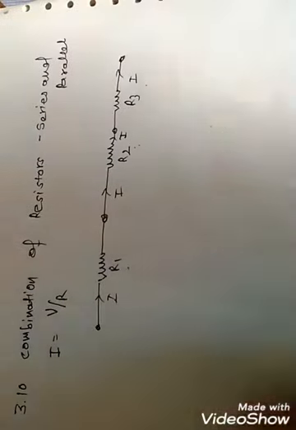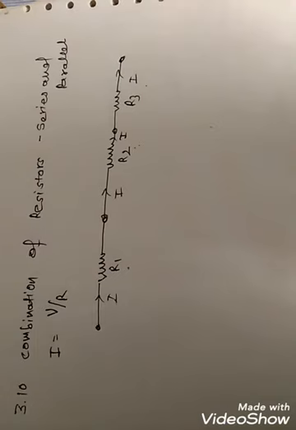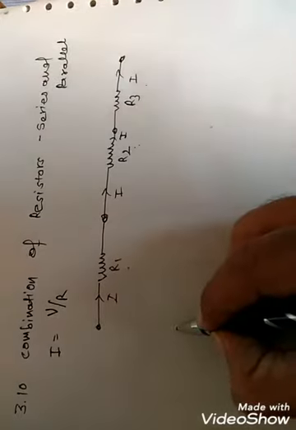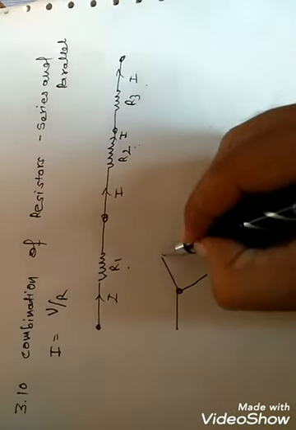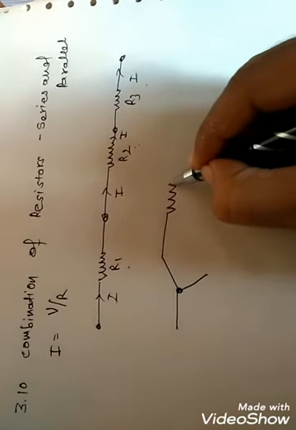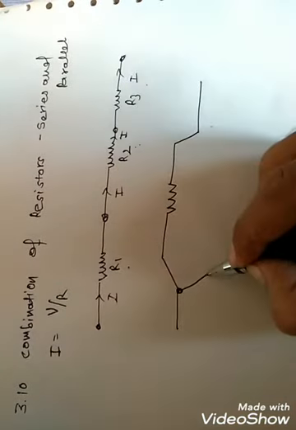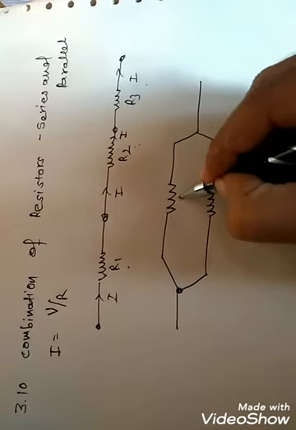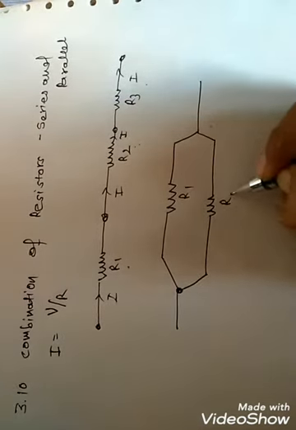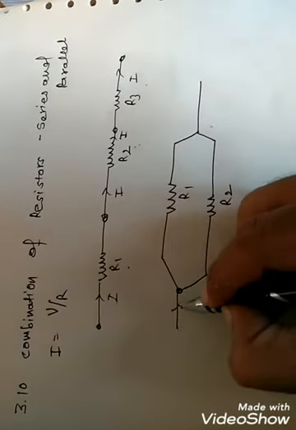Now next, two or more resistors are said to be in parallel if one end of all the resistors is joined together. One end of all the resistors is connected together, in this case R1 and R2.